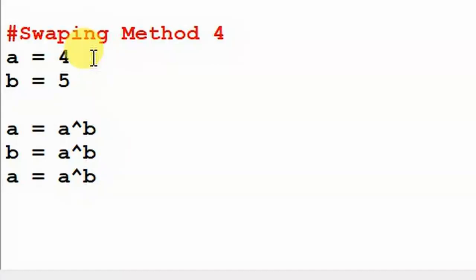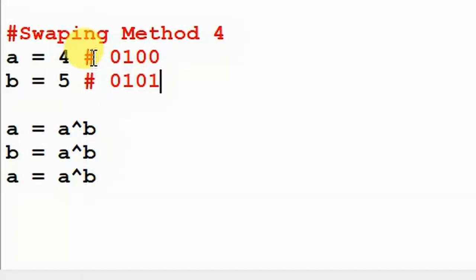So in this place it acts as XOR logic. This code takes the binary value of 4. The binary value of 4 is 100, and I am taking 4 bits, so it is 0100, and the binary value of 5 is 0101.